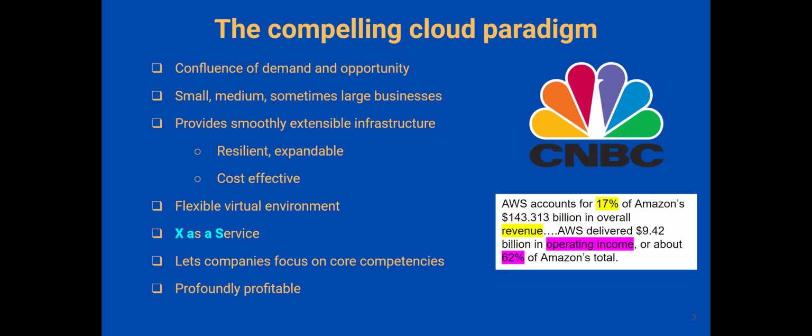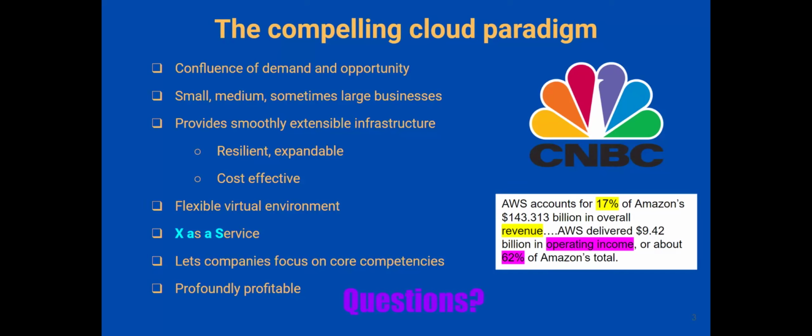But look at its profitability. That's what this operating income is. It's 62% of all of Amazon's profits. So this isn't going away. We're going to have these services available. Obviously, if it's true for Amazon, it's going to be true for other vendors as well. This is critical, this compelling model. So any questions on this?